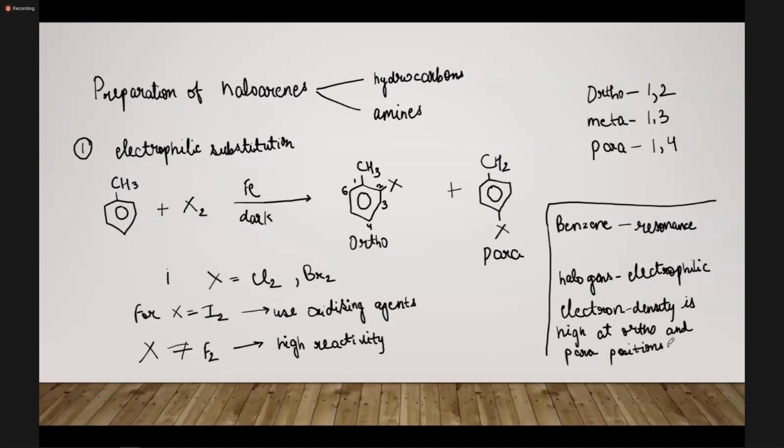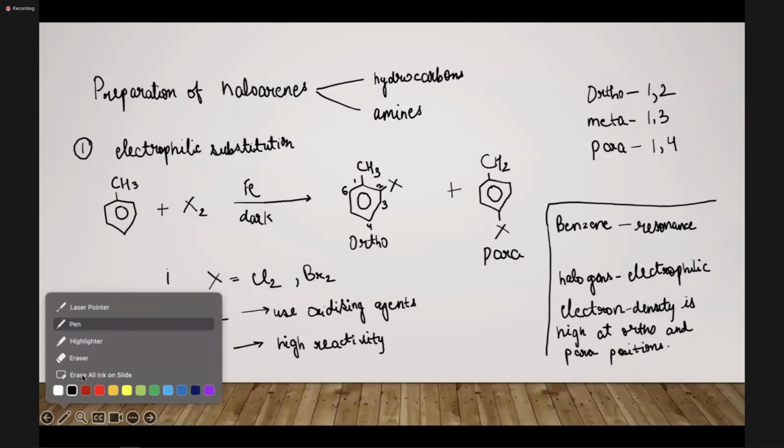So this was everything about the electrophilic substitution, like that is the preparation of haloarenes using the hydrocarbon. Now the second method is using the amines, and this is a special reaction which is known as Sandmeyer's reaction.